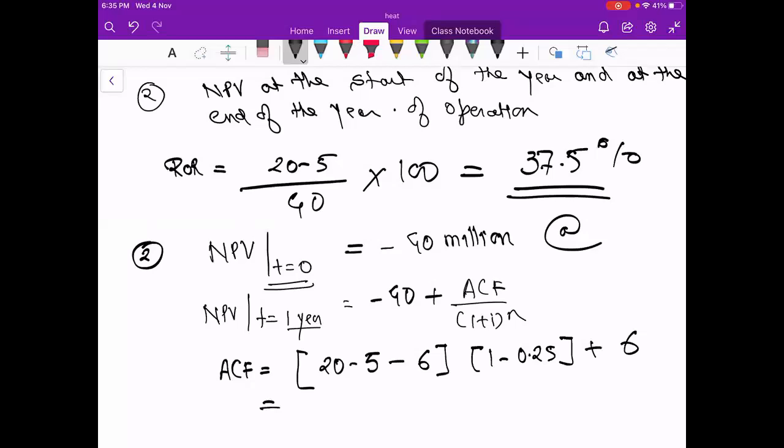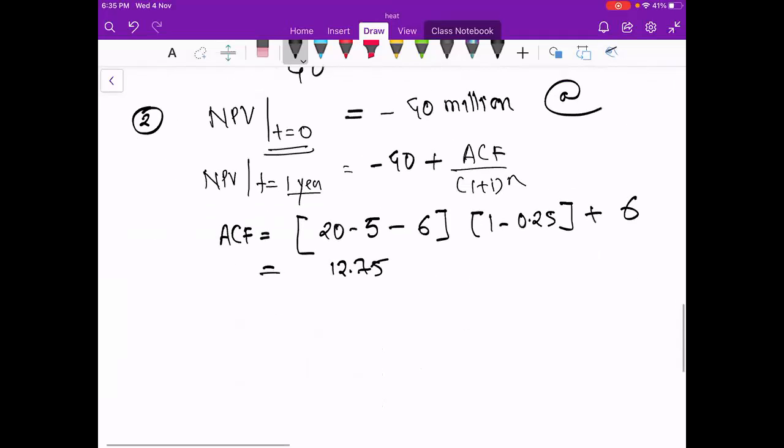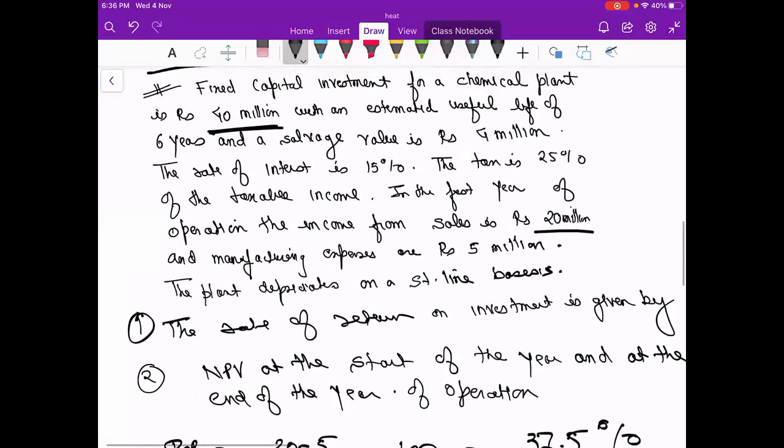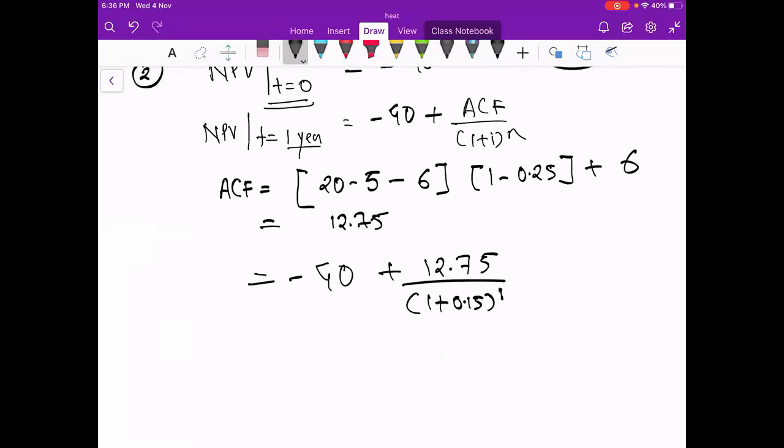So how much ACF is coming? 12.75. So your answer will be minus 40 plus 12.75 upon 1 plus, what is the rate of interest? 15%. 0.15 to the power 1.